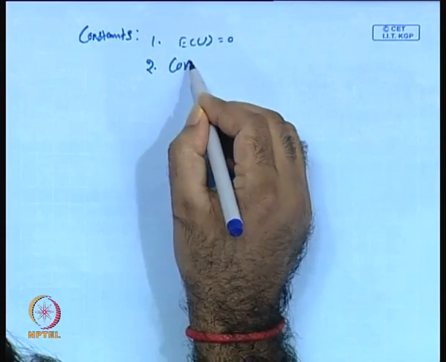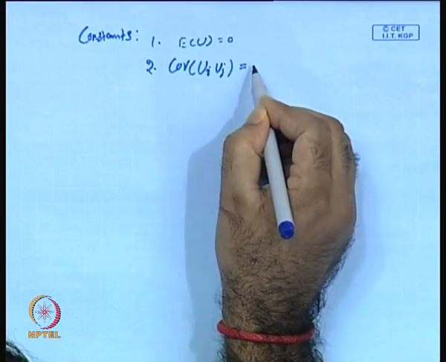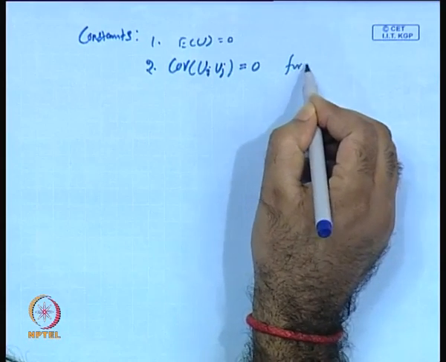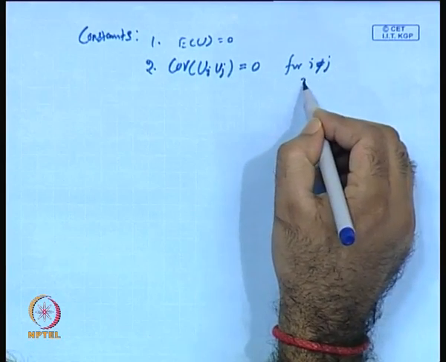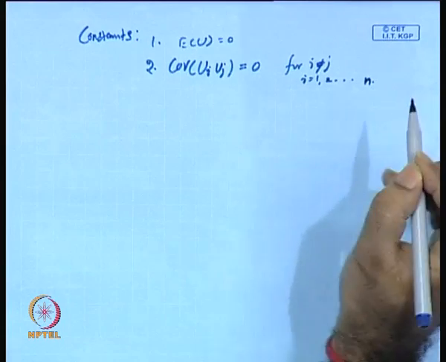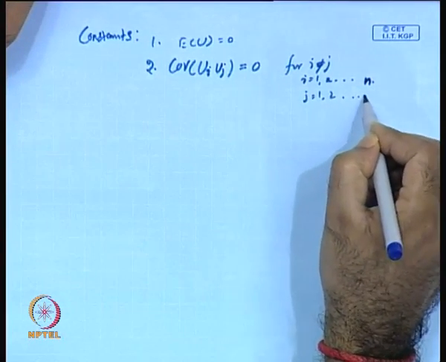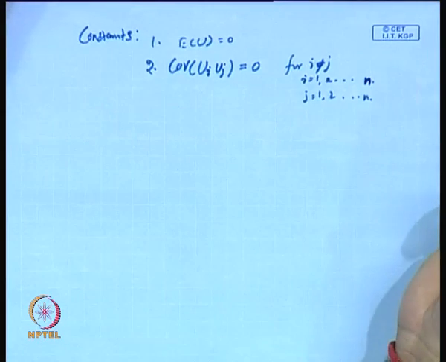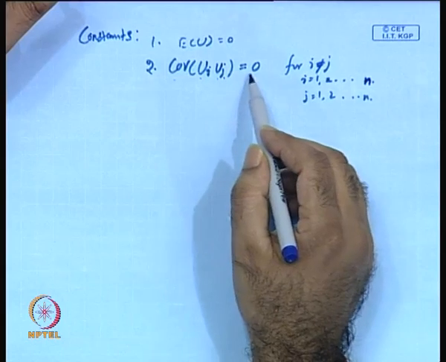Second, covariance of ui, uj equal to 0 for i not equal to j, where i equals 1 up to n, and similarly j can be 1 up to n. So this is how the entire structure is. That means the covariance of ui, uj is equal to 0.